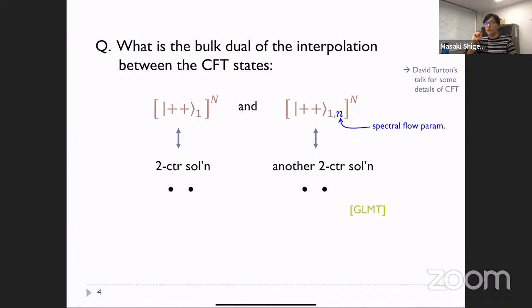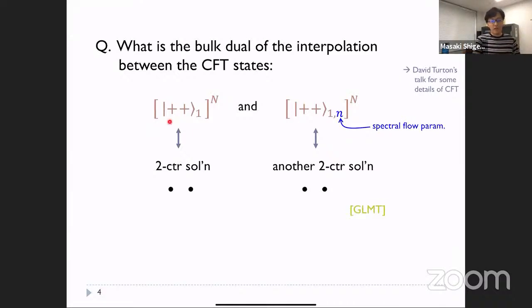And if you want a state in the CFT, they are supposed to combine many so-called strands of different length so that the total length is capital N. And here what we have is some kind of strand of length 1 to the n. So you have length 1 strand n times so that the total length is n.